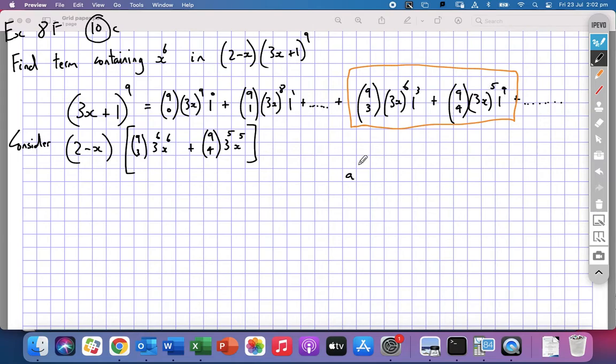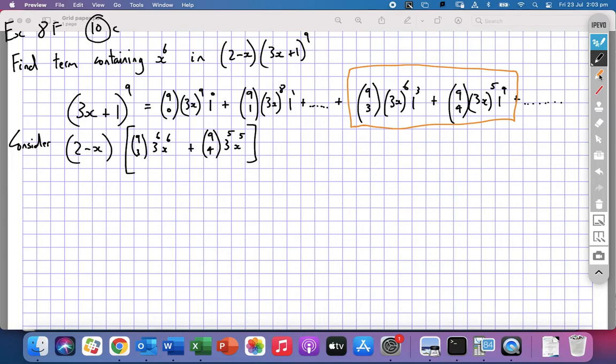And just be aware, this 3x was all to the power of 6. That's why I've written 6 and 6 here. And this 3x is all to the power of 5. So I've broken that down there.